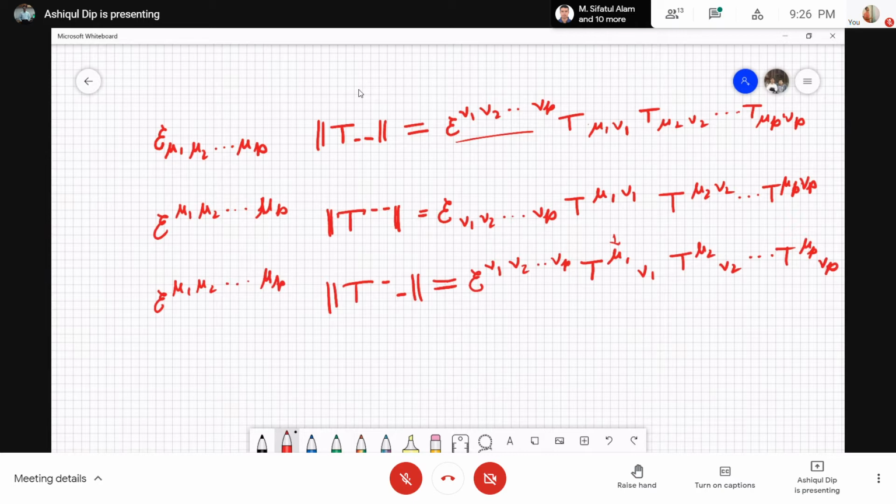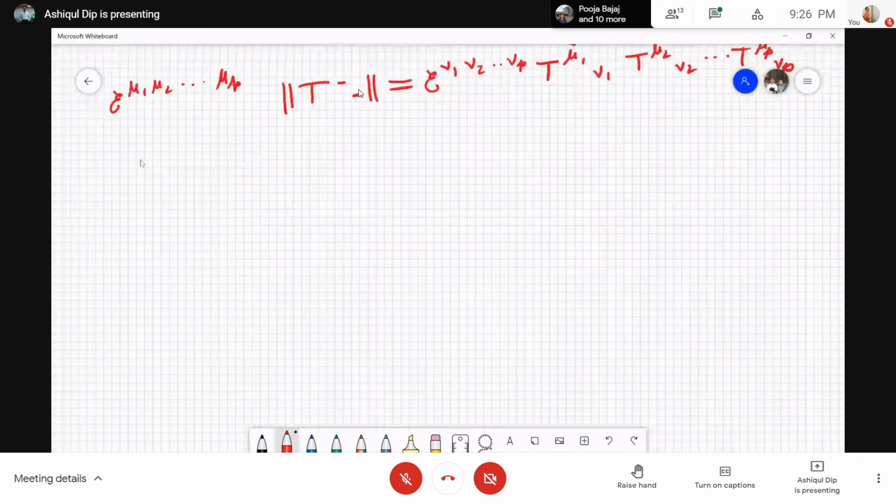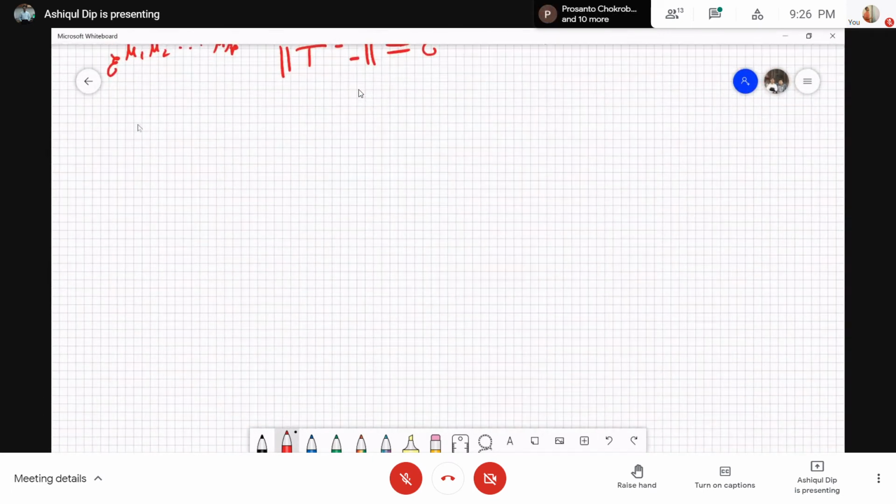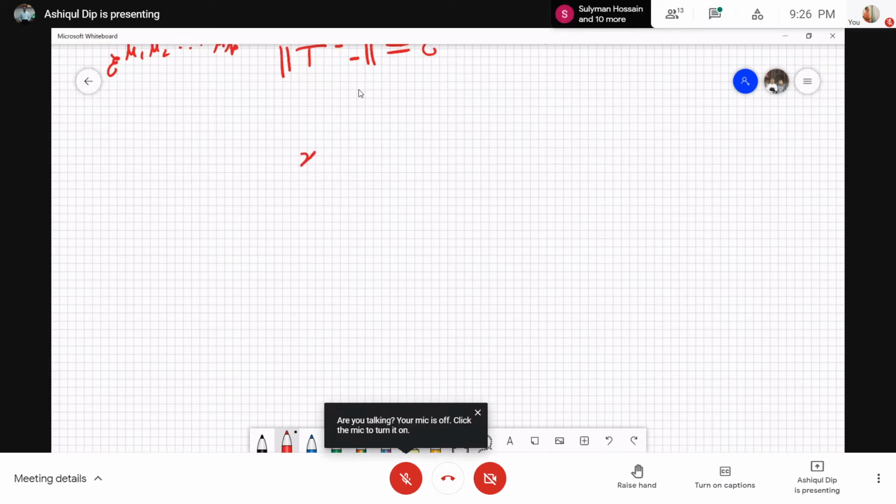Okay. Now we have to deal with a specific kind of matrix that we are actually interested in, and that's going to be really helpful. That is the Jacobian of a transformation. Say you had your coordinate x mu, and you go to a new coordinate set x mu prime.